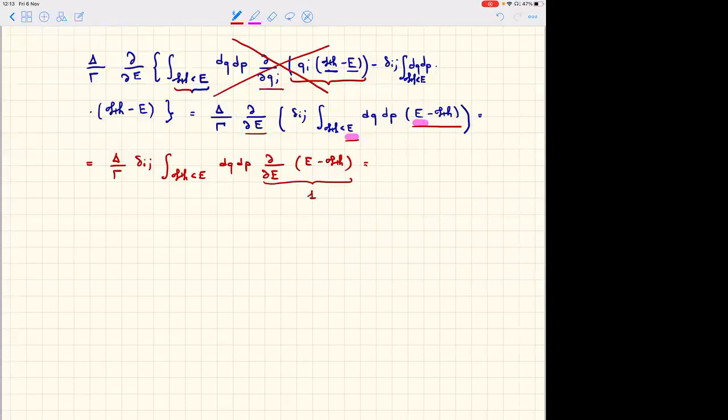And therefore, what I get is delta over gamma, delta ij, times the integral for all H smaller than E, dq dp, or in other words, I get delta ij, sigma divided by gamma.